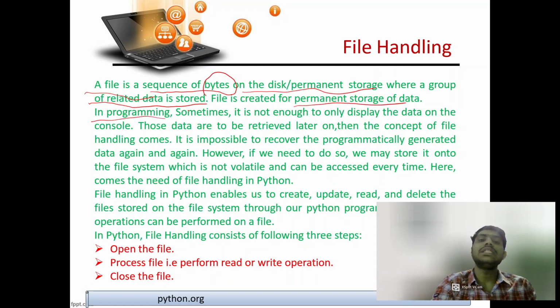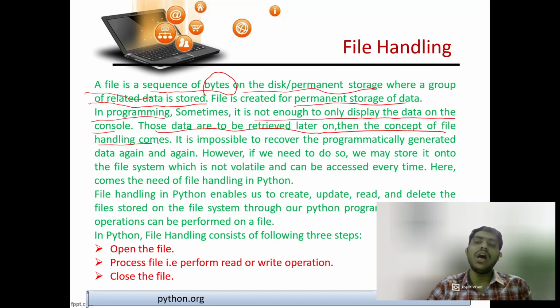In programming, sometimes it is not enough to only display the data on the console. Those data are to be retrieved later on, and then comes the concept of file handling. So why did this file handling concept come? Suppose we are doing some program, we normally execute the program and show the output on the console or on the screen.